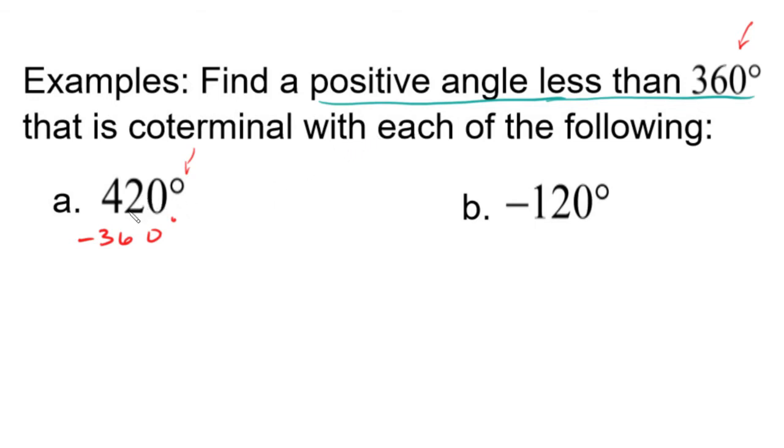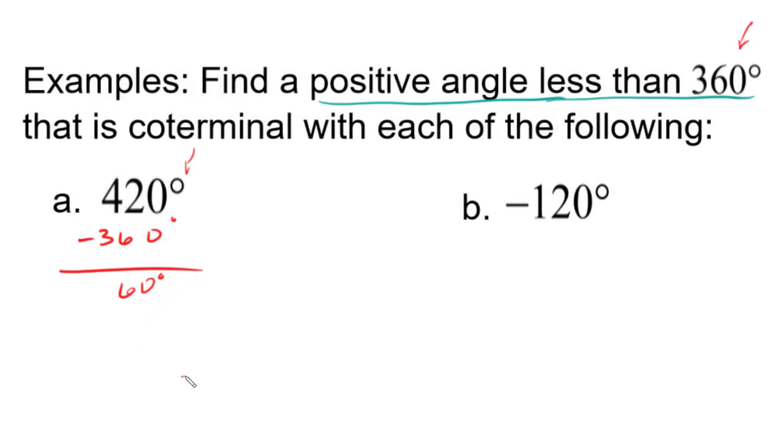If you added 360 to 420, you would find a coterminal angle, but that would be more than 360 degrees. And that's not what we want. So we're going to subtract 360 degrees instead, and you will get 60 degrees. So our coterminal angle to 420 degrees is 60 degrees.